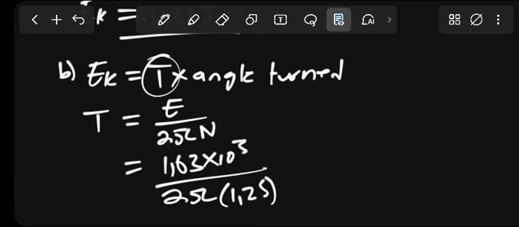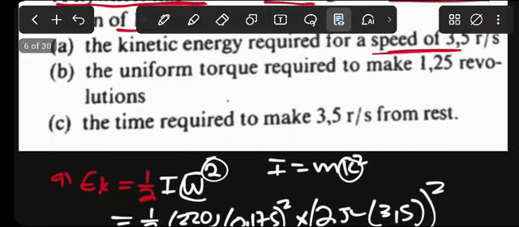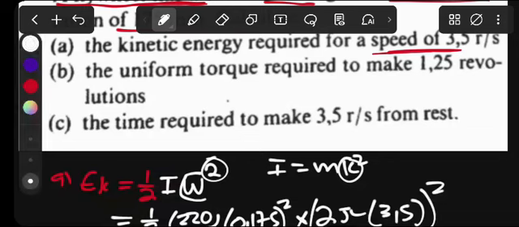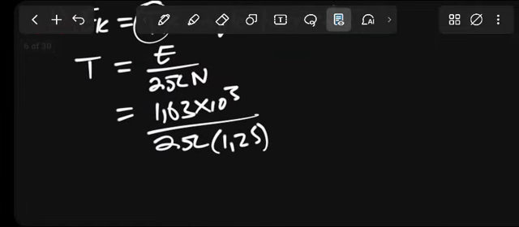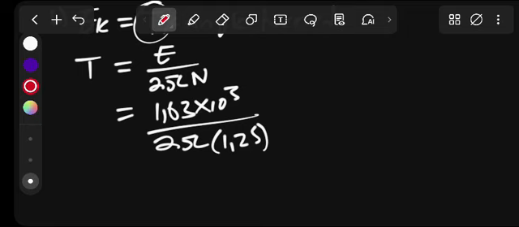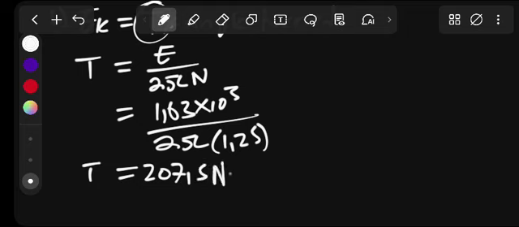They have given 1.25 revolutions there. So our torque there will be 207.5, measured in Newton meters.